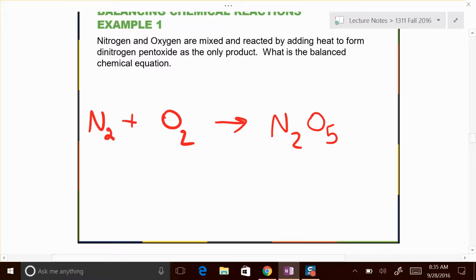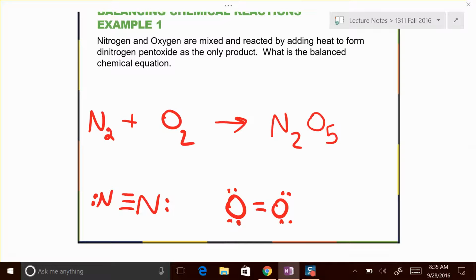It's 2 nitrogen atoms bonded together like this. That's nitrogen. N2, O2. Okay, that's how they exist. They don't exist as single nitrogens or single oxygens. So make sure you're writing it in the correct way.